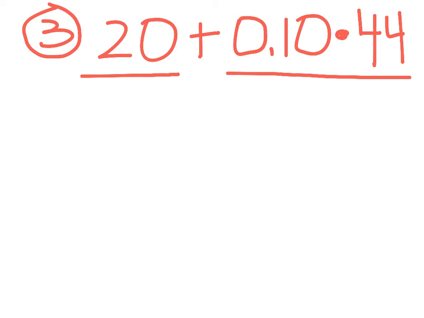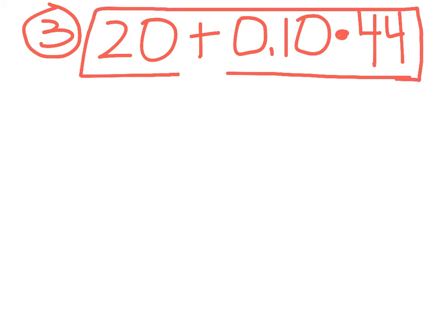All right, so what I have done there is write the expression. That is the first answer. 20 plus 0.10 times 44. That is part one.